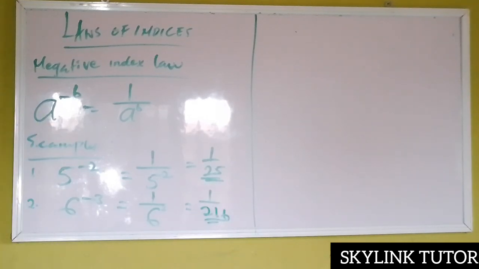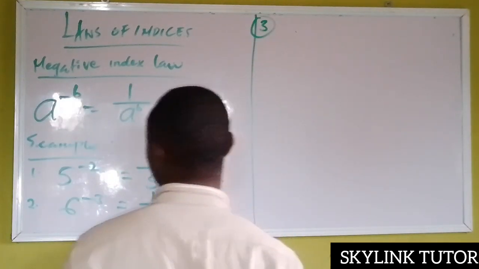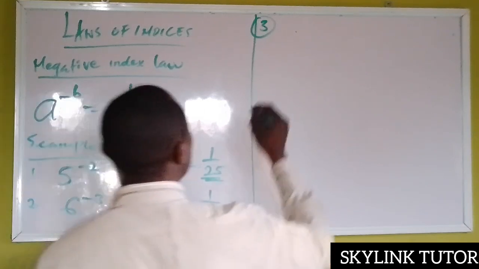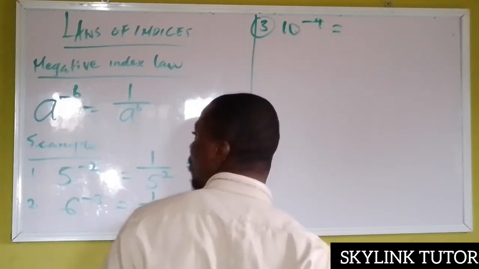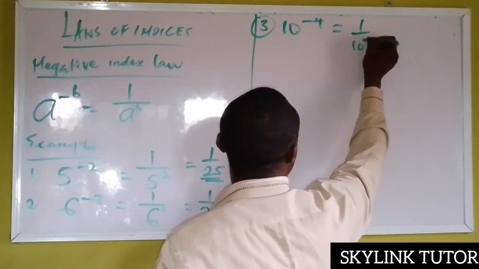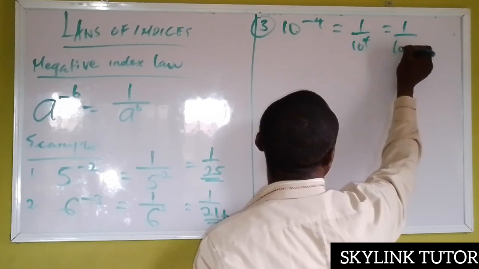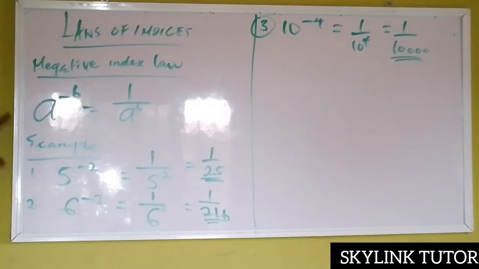That is the answer to that. Sometimes I can as well have 10 raised to power minus 4. That gives me 1 all over 10 raised to power 4, which is 1 all over 10,000. So I guess this is it. That is the negative index law.